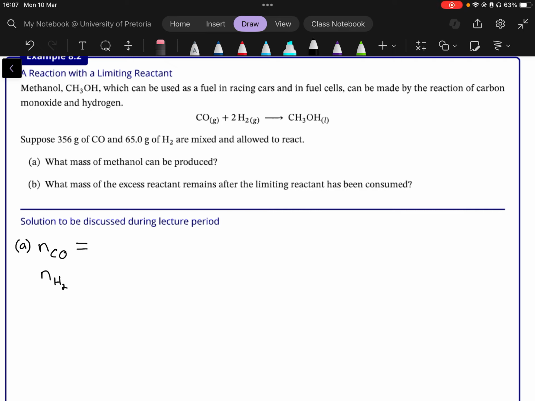Number of moles of carbon monoxide. You remember that number of moles is mass divided by molar mass. But with our dimensional analysis method, we have here 356 gram carbon monoxide, and we have here 65.0 gram hydrogen.